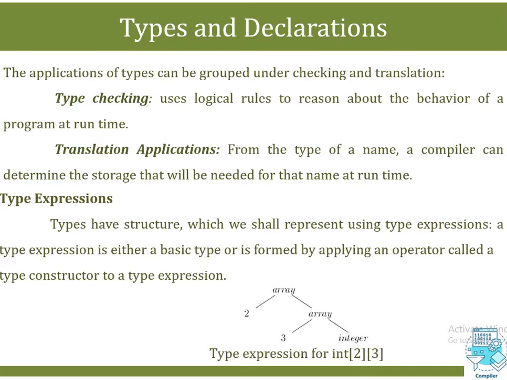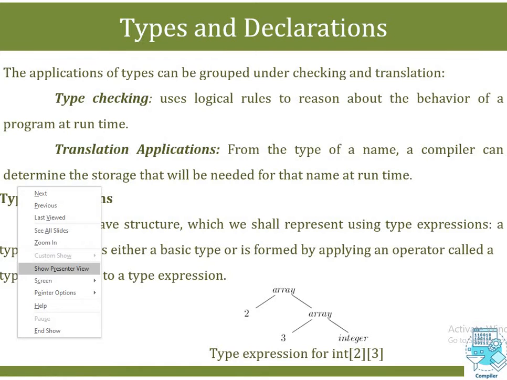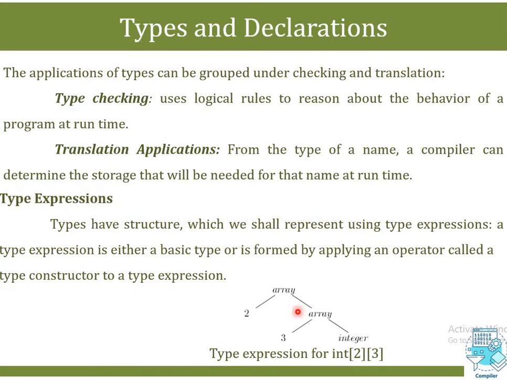Now how do we express the two-dimensional array? Its size is 2, and its type is a one-dimensional array. Earlier we defined the one-dimensional array with size 3 and type integer. Now the two-dimensional array has size 2 and its type is the one-dimensional array. This is what is called a type expression.